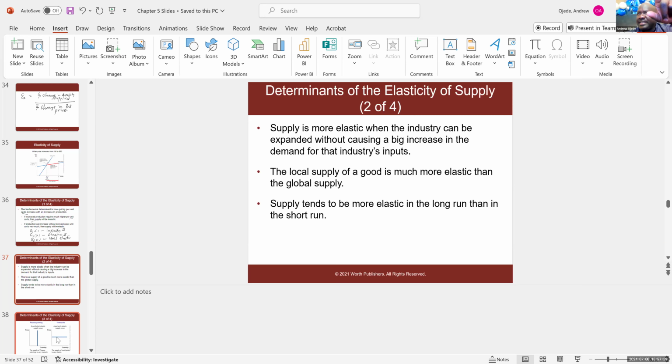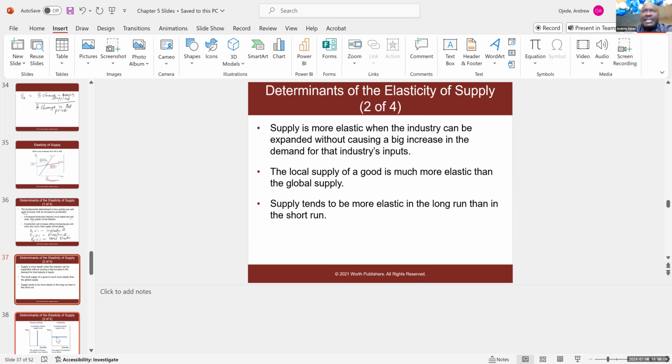Because the key idea is that when the industry gets expanded, it triggers high demand for the inputs or raw materials that are used for producing that good. That means producing that good is going to have huge costs. So the per unit cost is going to rise.